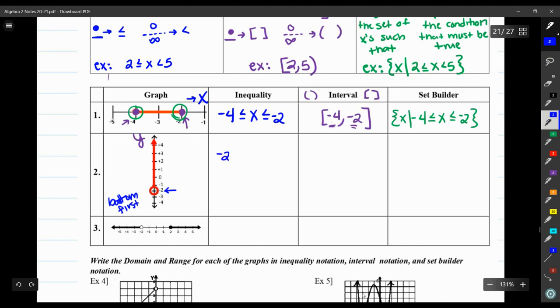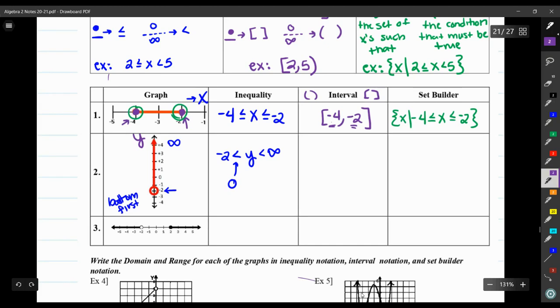Now, this is an open circle, so we use less than. So this is because it's an open circle on that -2. Now we're going to put y in the center because it's the y-axis that we're working with. And then now I see that there's an arrow here. So what that tells me is that this shaded area will go all the way up to infinity. So that means my high value is infinity.